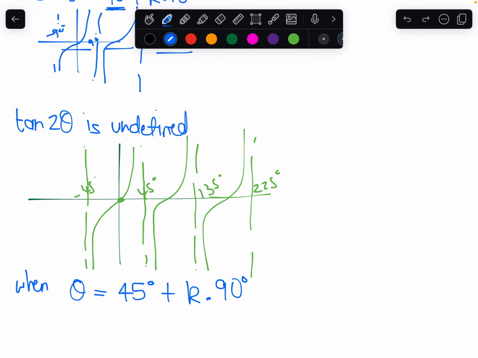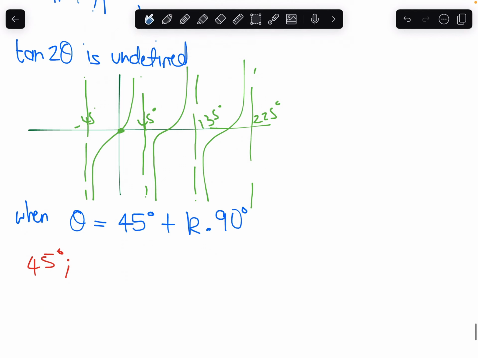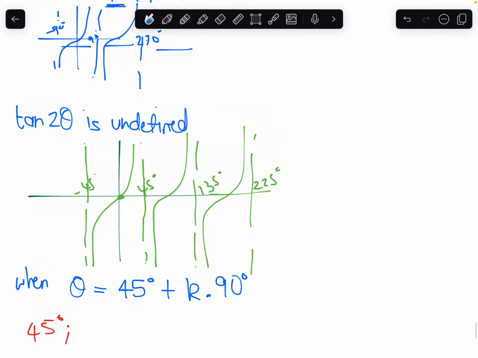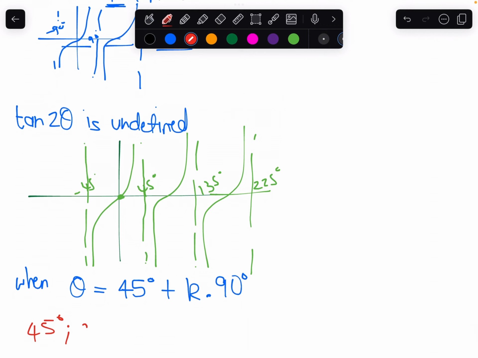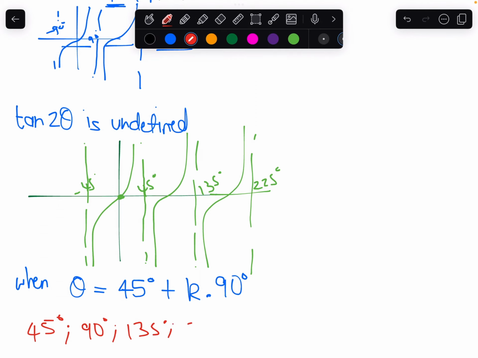So if we list the values out, because I'm not entirely sure how to put that into one, we've got 45 from the bottom graph, and then 90 from the top graph, and then 135 from the bottom graph, and then 225 again from the bottom graph, and then 270 from the top graph.